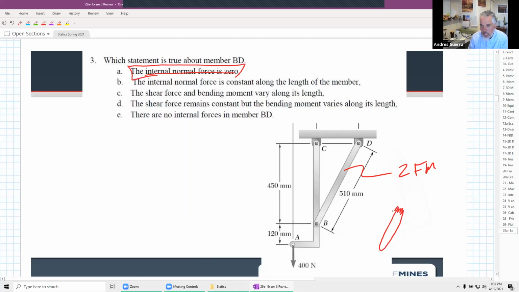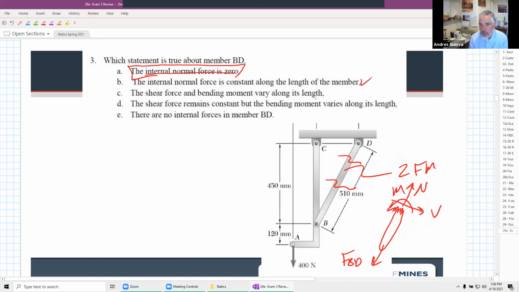If we have a straight two force member, we have an N, a V, and an M, and then we would have our force from B to D down here. Is N going to be 0? No, that's not true. The internal normal force is constant along the length of the member. Does it matter if the cut is here or here? Actually, it doesn't. It's not going to change. So that is a possibility.